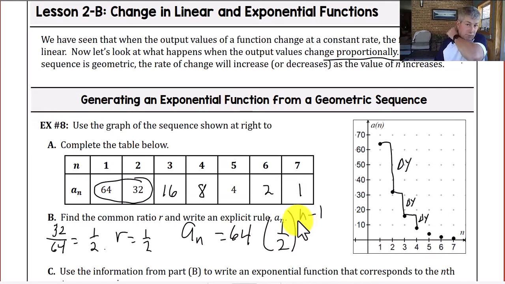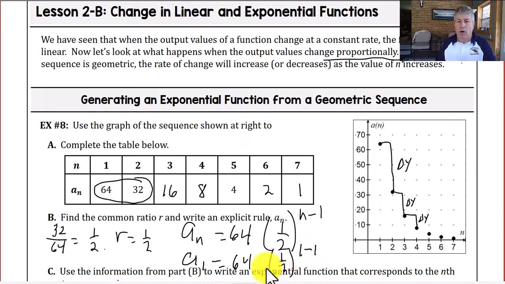So our first term gives us a value of 64. So a_1 equals 64 times 1/2 to the 1 minus 1. So we have 1/2 to the 0 power, and our b value is 1/2, and our a value is 64.